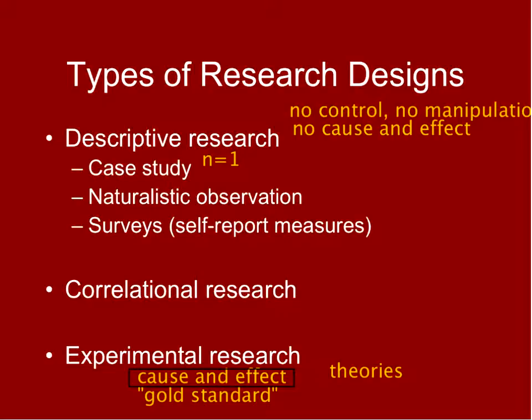We might, for example, study someone that we know has sustained damage to a specific area of their brain. And the case study is one in which we describe the impact of that brain damage on their everyday functioning. So how does damage to, let's say, the amygdala, which is one of the brain parts that we'll learn about in the bio chapter beginning next week, what's the impact of amygdala damage on your everyday function?